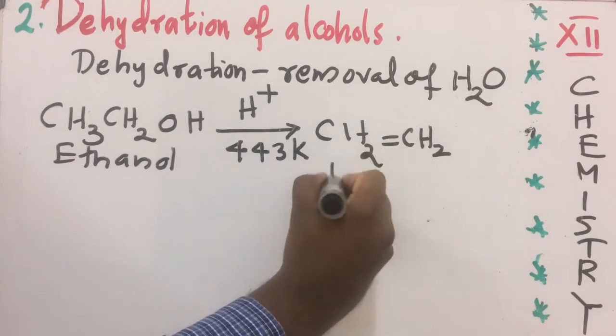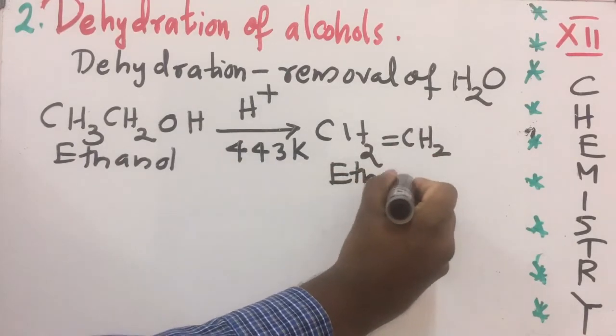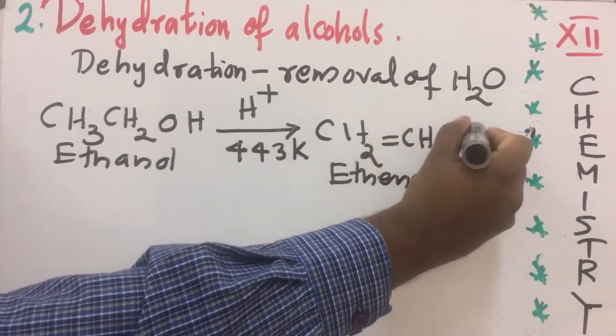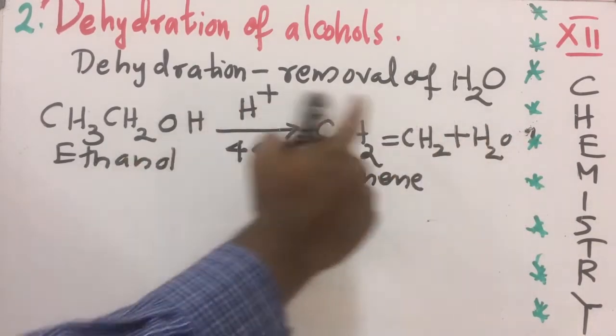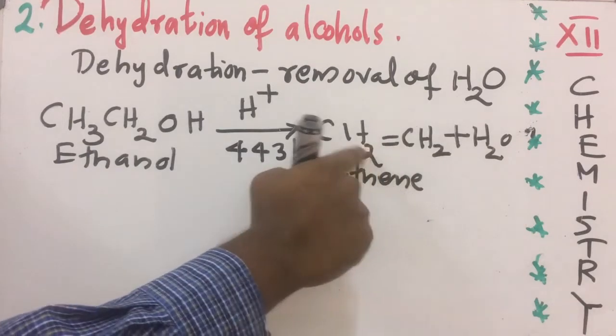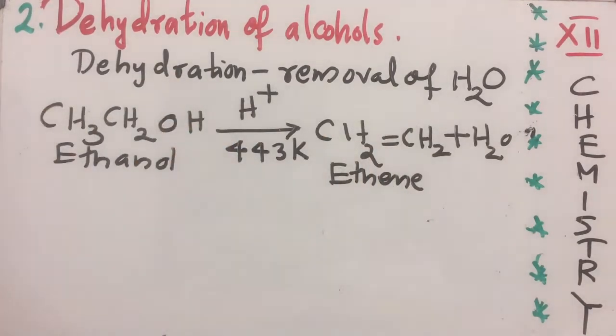What is the name of this alkene? Ethene. And the byproduct is water. So water is removed during this reaction, so this reaction is called dehydration.